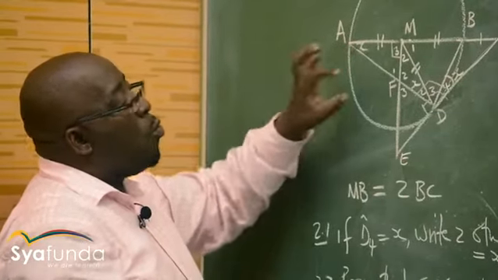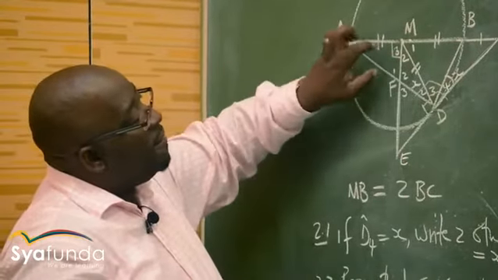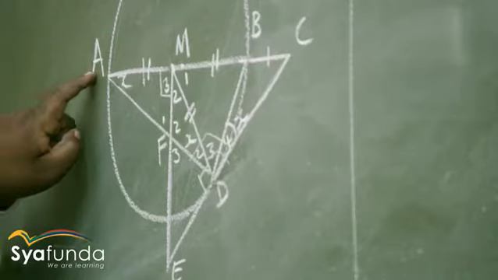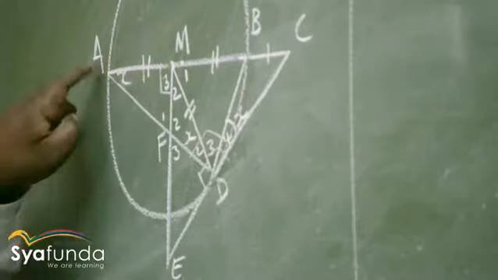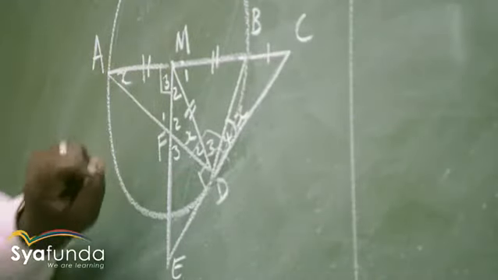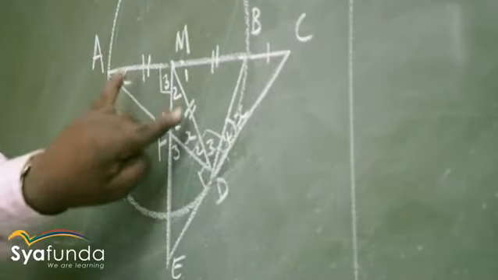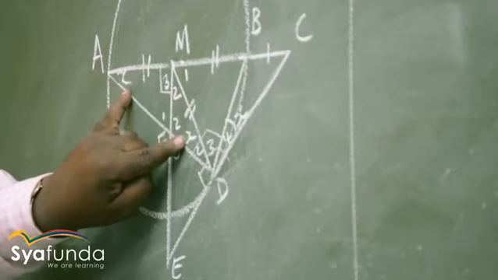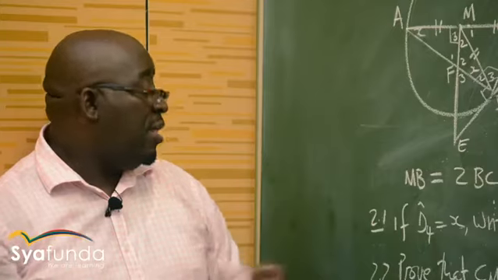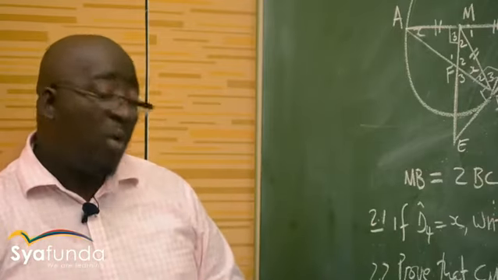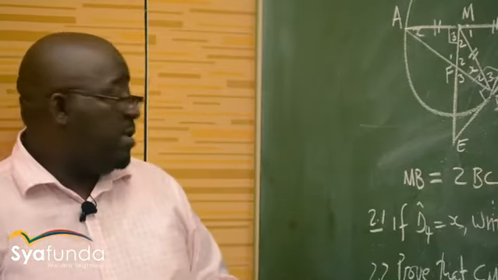Number 2, you use this triangle here. This is an isosceles triangle, triangle AMD. In this triangle, these 2 sides are equal, therefore these angles will also be equal. So if this is X, this one will also be equal to X. That's how we go about responding to 2.1 for about 3 marks in our examination.